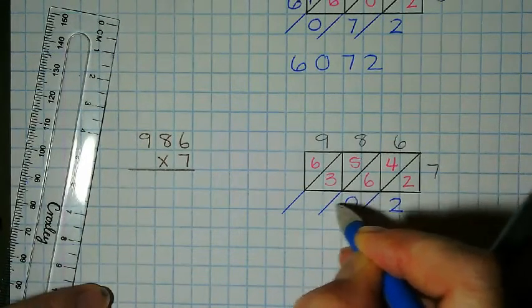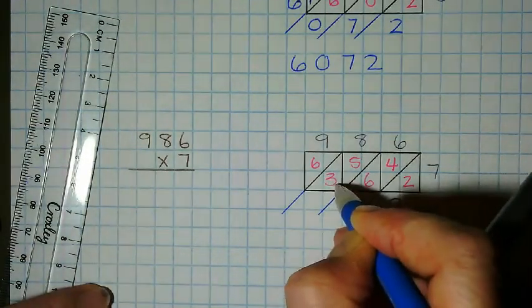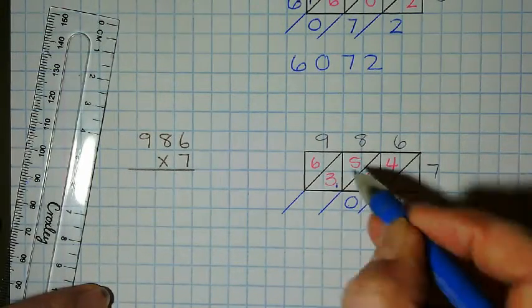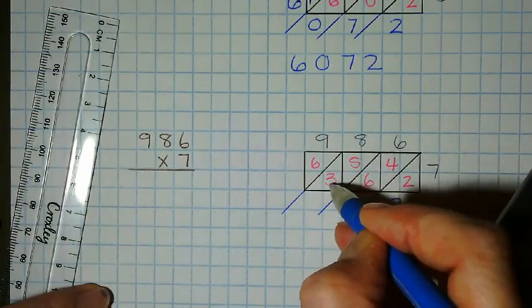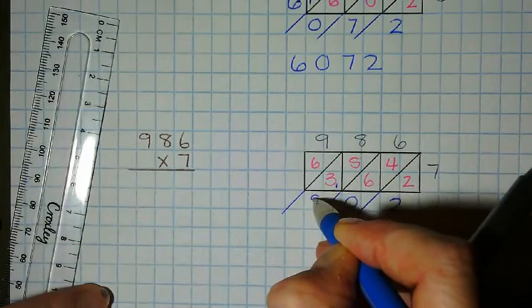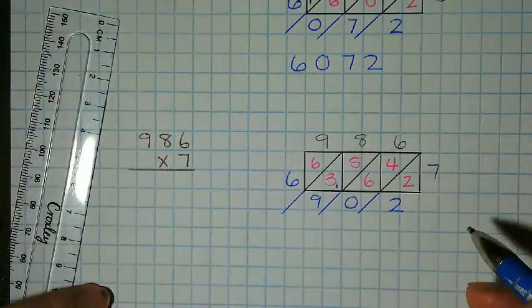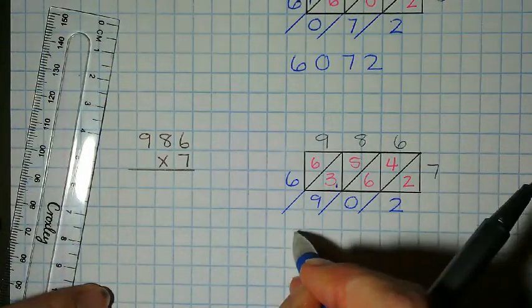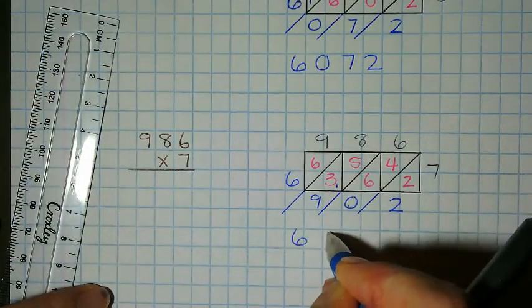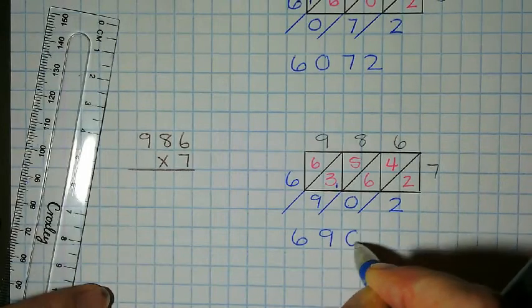There's no space for two numbers, so I carry the 1 over to the next diagonal. 5 plus 3 is 8, plus 1 is 9. And then the 6 is alone in the diagonal, so it will just be 6. And then I write the answer, 6902.